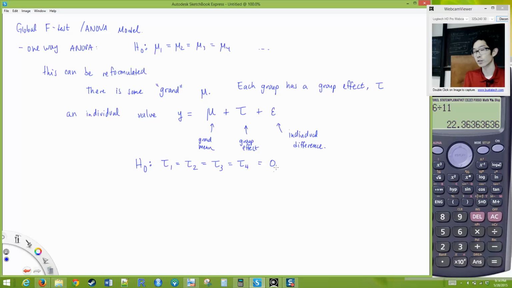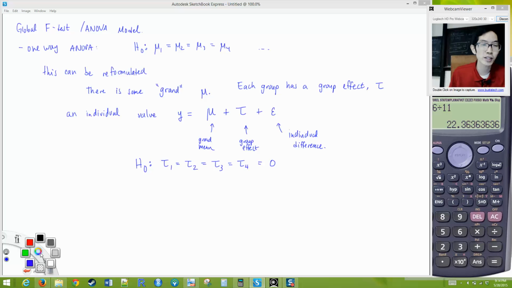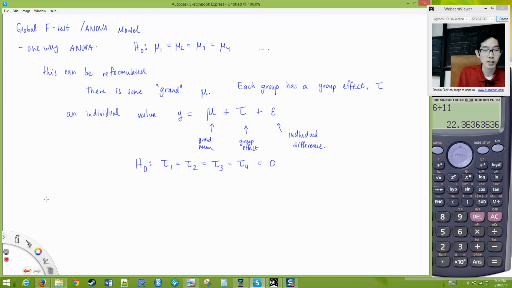Okay, so for example, one way we can explain different heights. We can say the average height of men in the U.S. is 70, and the average height of women in the U.S. is 64. I'm just making up numbers here, but something like that.